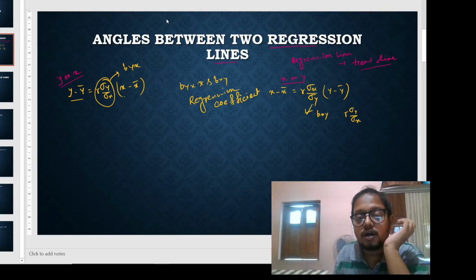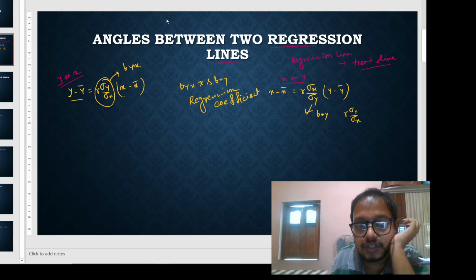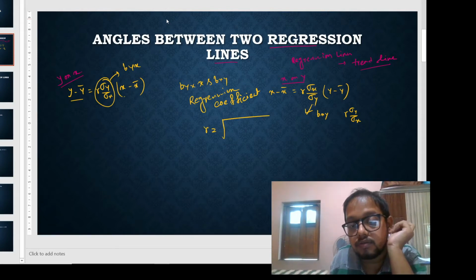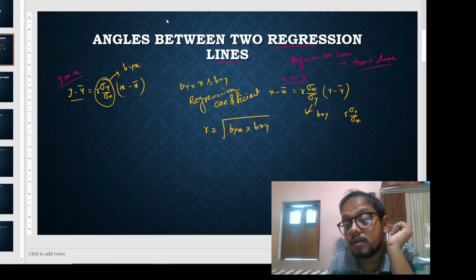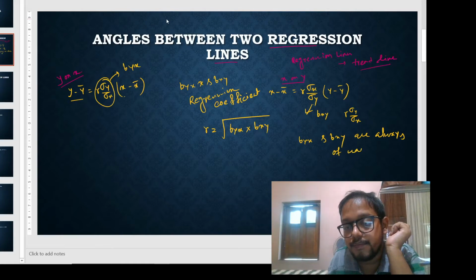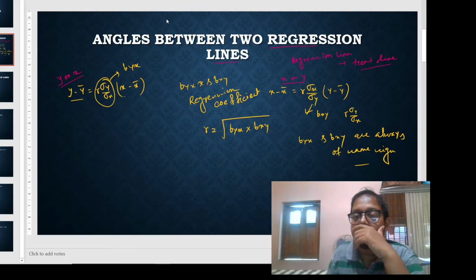The product of the regression coefficients gives the correlation coefficient: r is equal to root over byx into bxy. The sign of r depends on byx and bxy, which are always of the same sign.